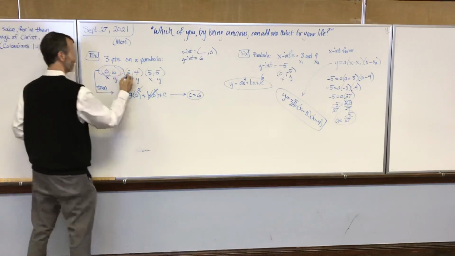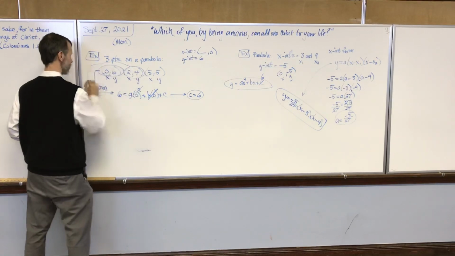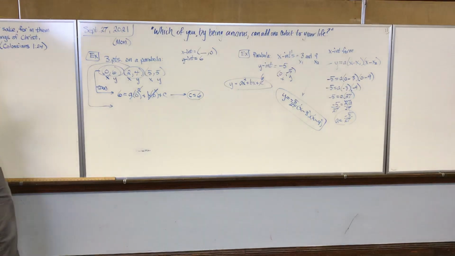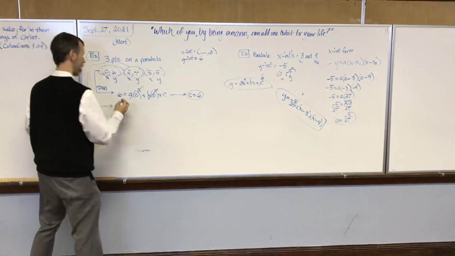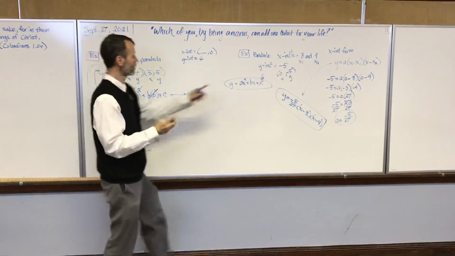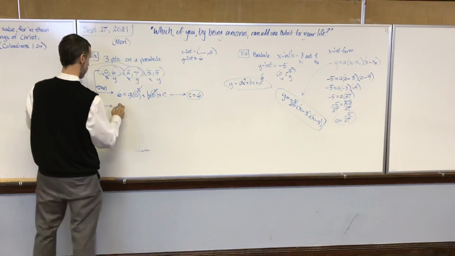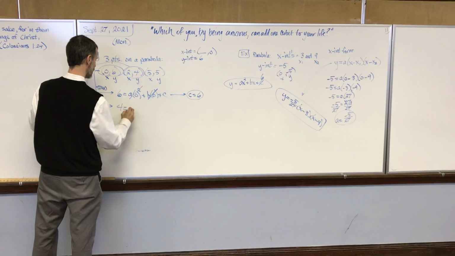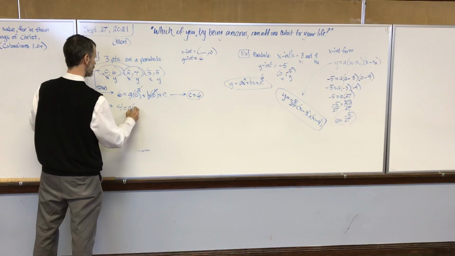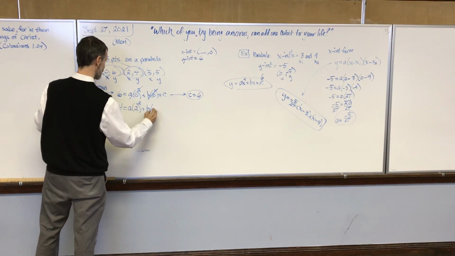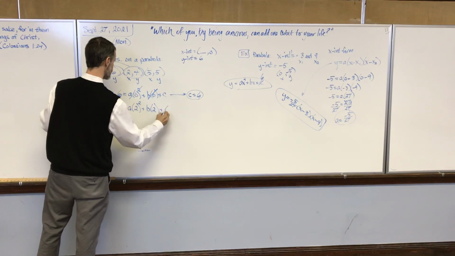Try the second one. And by the way, remember that C is now 6, so you don't have to use C over again. So it would be 4 equals a times parentheses 2 squared plus b times 2 plus 6.